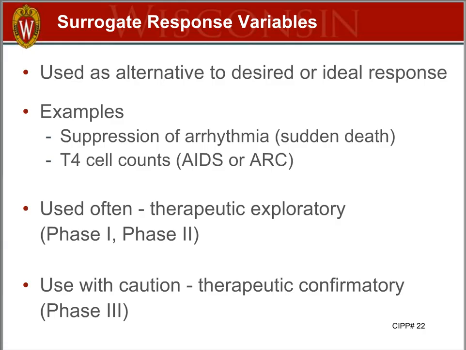Or in AIDS, we discussed the use of T4 cell counts in testing the effectiveness of new therapies, in contrast to measuring progression to AIDS or death. We often rely on surrogates, these intermediate substitutes, in the development process to explore the potential of a new therapy, but the challenge comes when we try to rely on these surrogates in the final exam, where we're trying to confirm the benefit and risk of this new therapy.